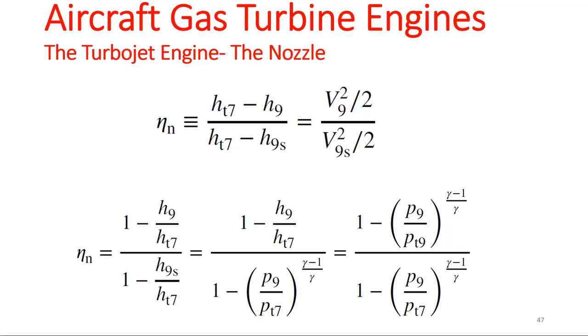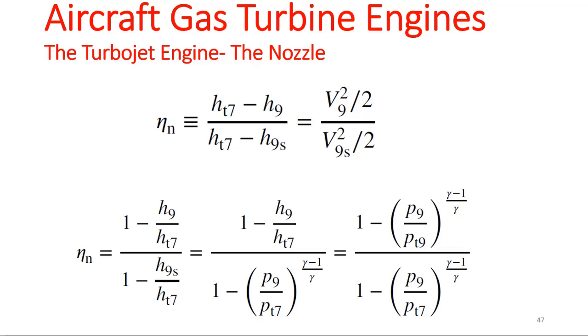And we can use the isentropic relationships here at the denominator. That's pretty obvious, P9 over P7. But what can we do for the numerator? This is not an isentropic relationship, is it?